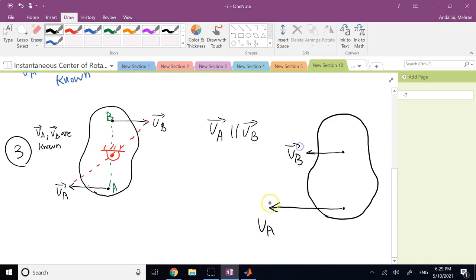Now the same technique that you did the previous time: again, you connect A and B and continue. And then again, if A and B are drawn to scale, you continue from the end of VA to the end of VB and extend. And again, wherever they intersect, that's the center.